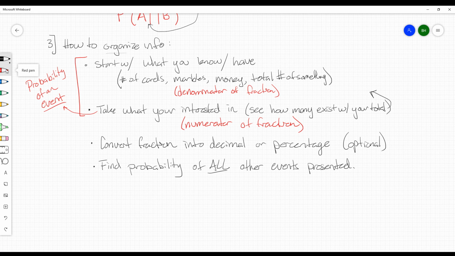Then you're going to transition into actually solving some problems. Once you do all of this, you're ready to start answering questions. So check me out in the next video to look at how you can answer some of these questions and how you can best find the probabilities of events.